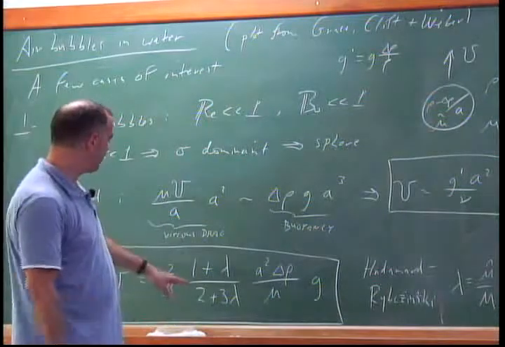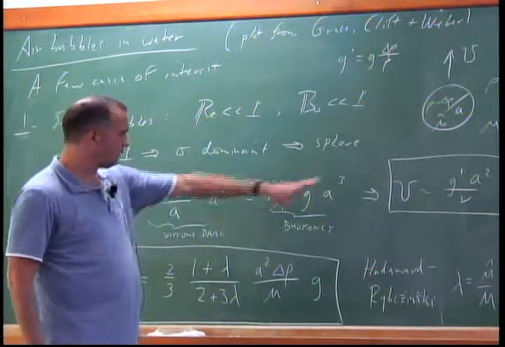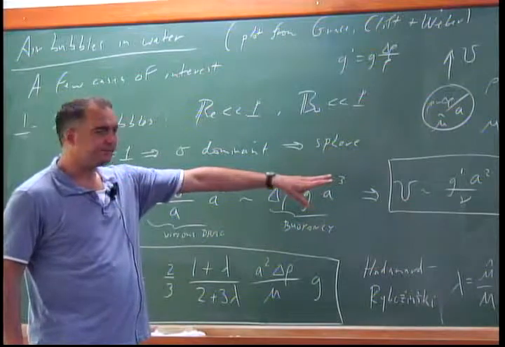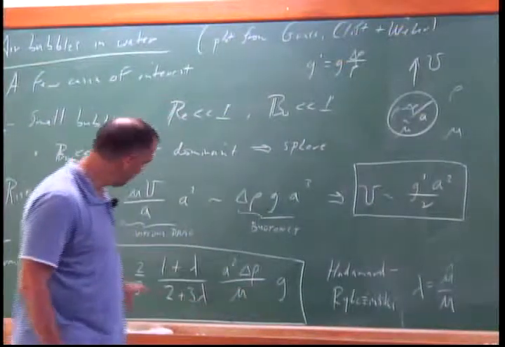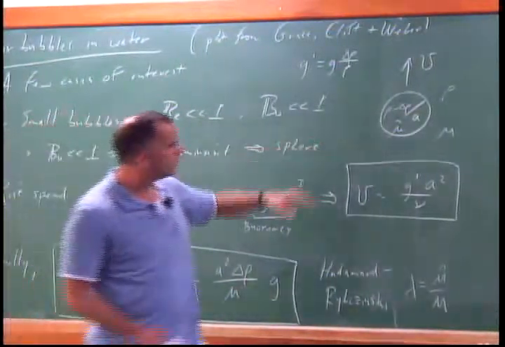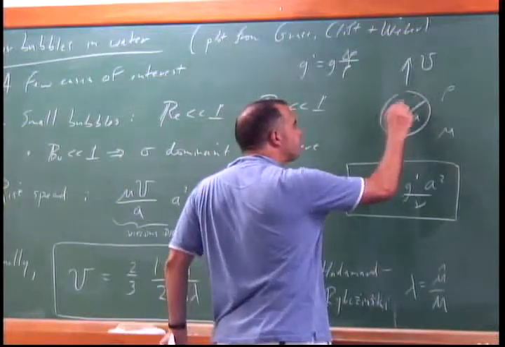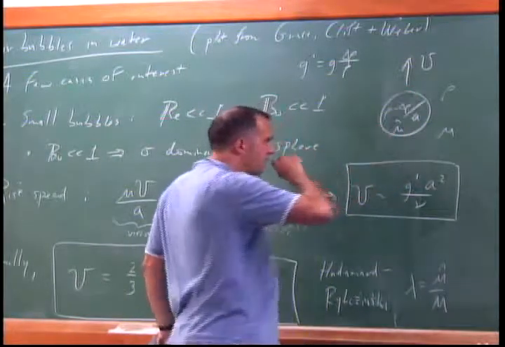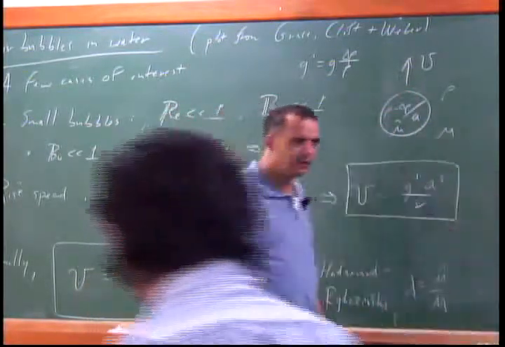In the limit of lambda going to 0, you get something which has the right scaling, right? But you can punch through this: you basically have to solve for the flow inside and out, and you match them.